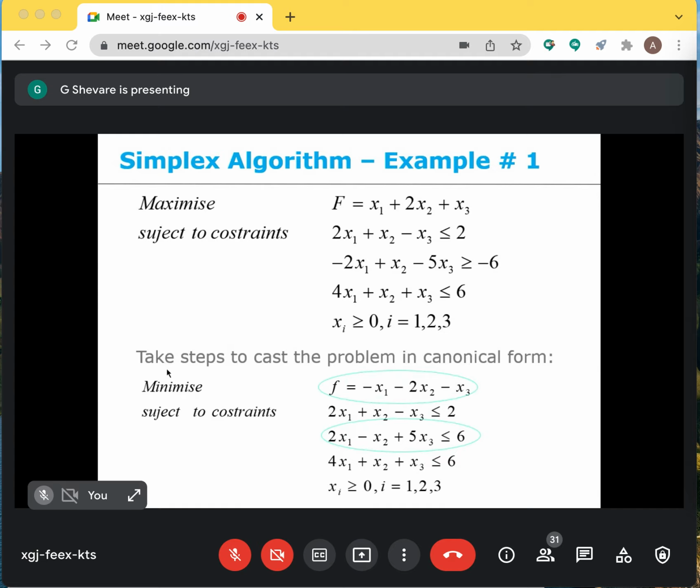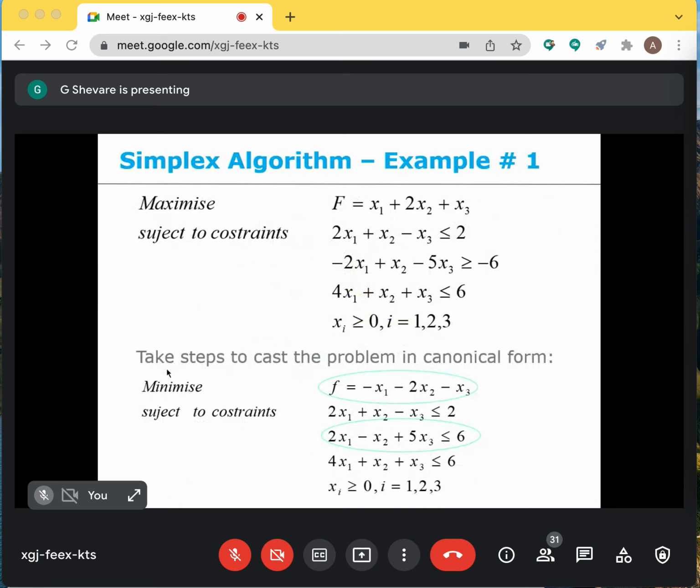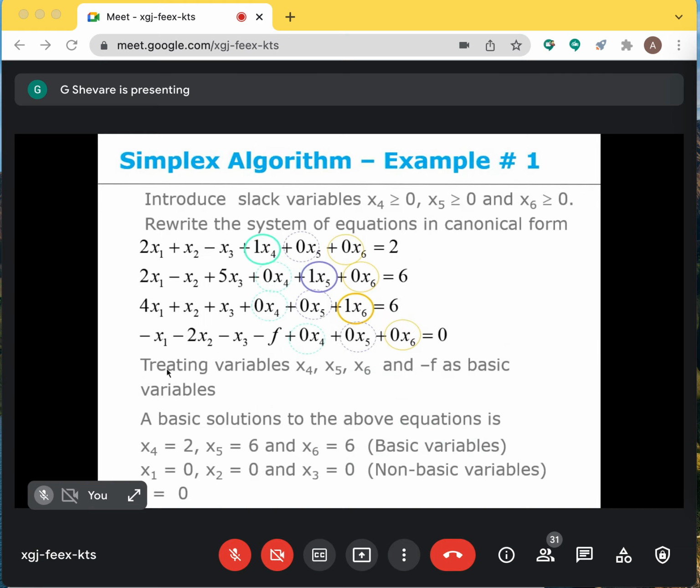Now the number of variables, which were 3, will become 6, because 3 inequalities will be converted into equalities by addition of the slack variables. So the equations which we had earlier written down here, 2x1 plus x2 minus x3, will have been added with other variables x4, x5, x6. x4, x5, x6 are the variables which I have added to convert inequality into equality.